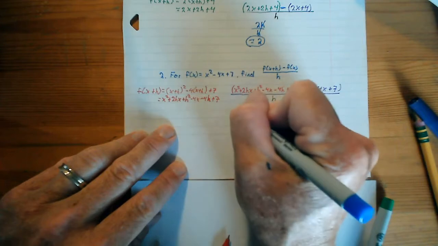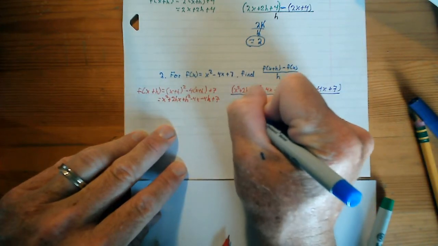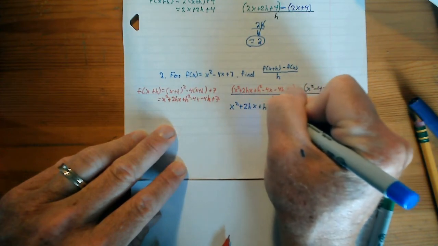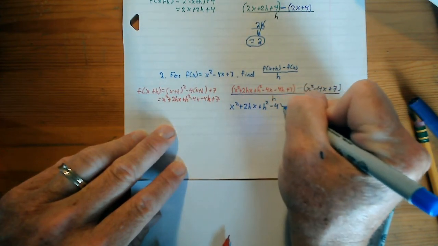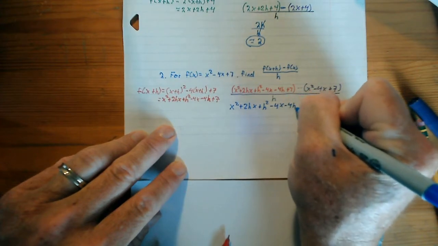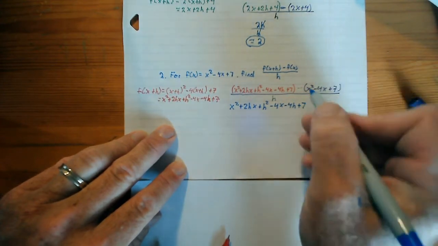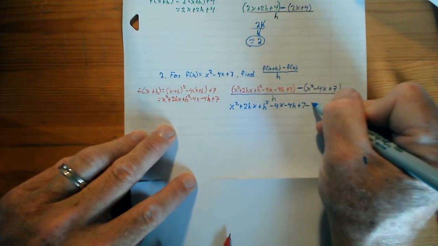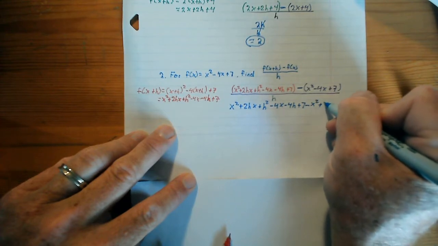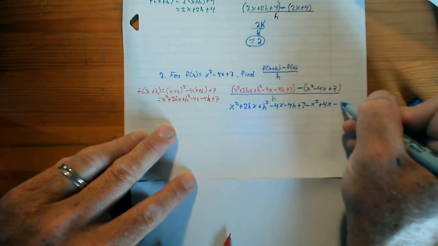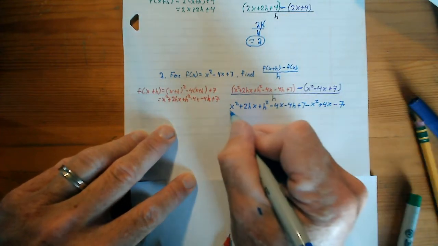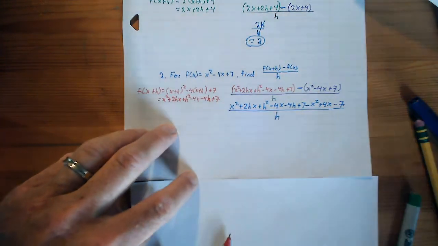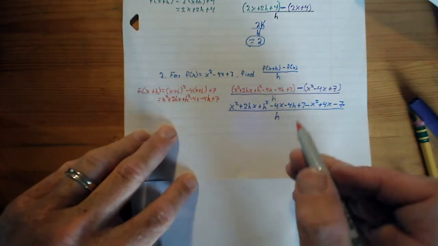No signs are going to change in this first one, right? I've got x squared plus 2hx plus h squared minus 4x minus 4h plus 7 minus everything in here. So this negative has to get distributed. So that's minus x squared plus 4x minus 7 all over h.